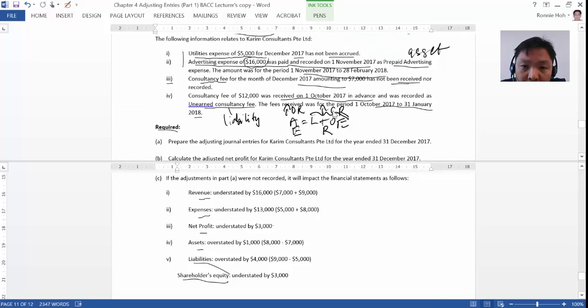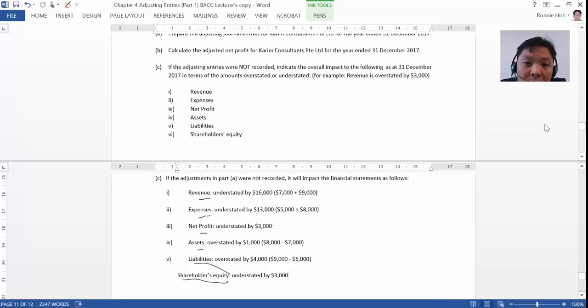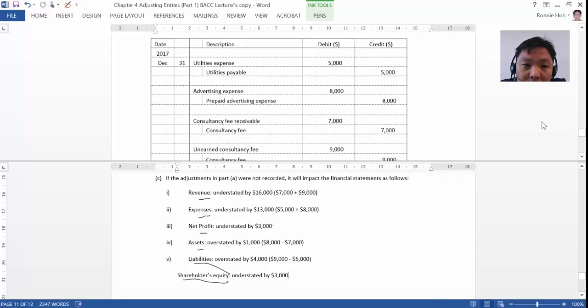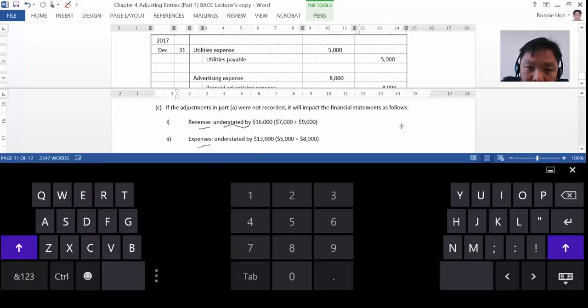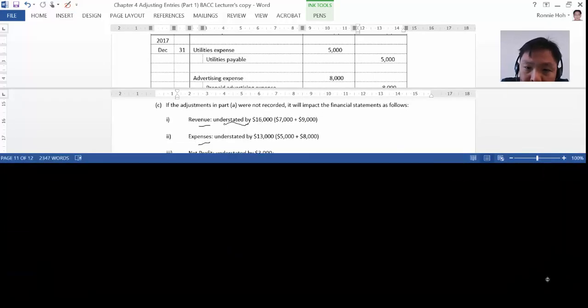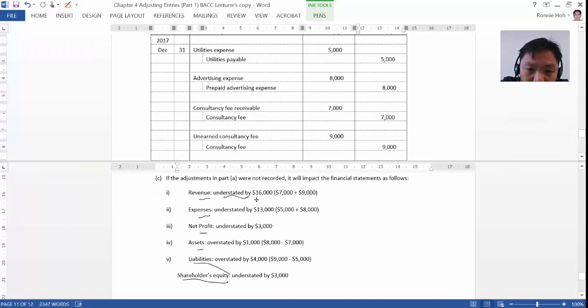To credit revenue always means to increase it. So since you were meant to increase it, and if you omit it, you did not increase it, so revenue therefore will be a lower figure. Lower figure means revenue is understated. By how much? Take the 7 and the 9 and you get 16k.